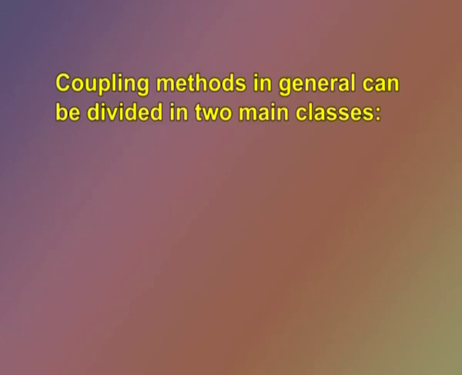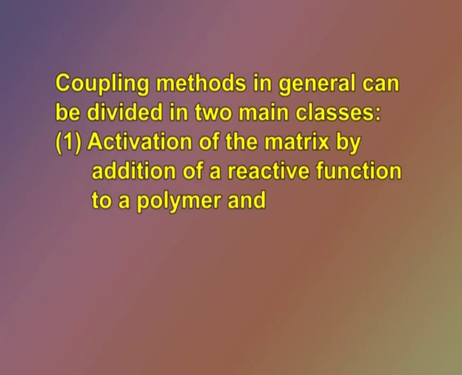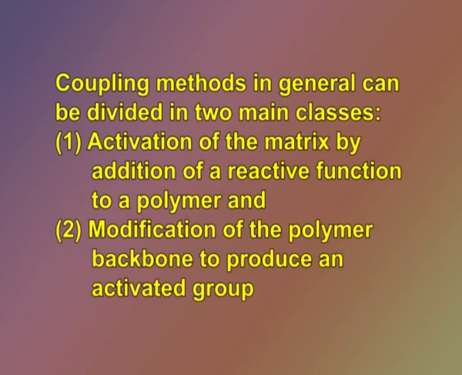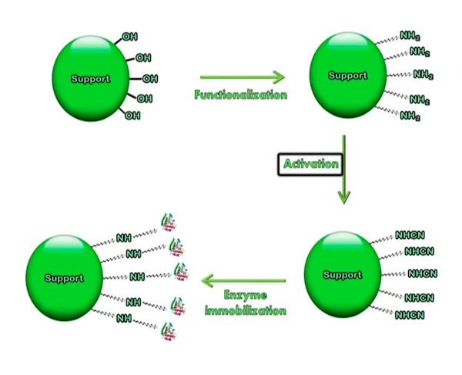Coupling methods in general can be divided into two main classes. First is activation of the matrix by addition of a reactive function to a polymer. Second, modification of the polymer backbone to produce an activated group. The activation processes are generally designed to generate electrophilic groups on the support, which in the coupling step react with the strong nucleophiles on the proteins.